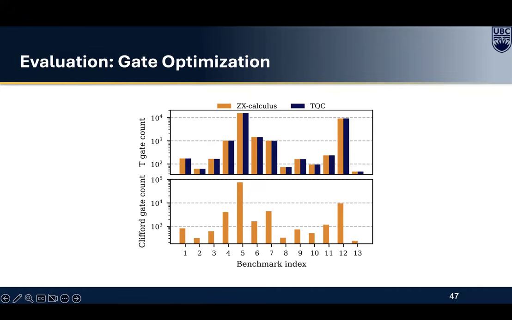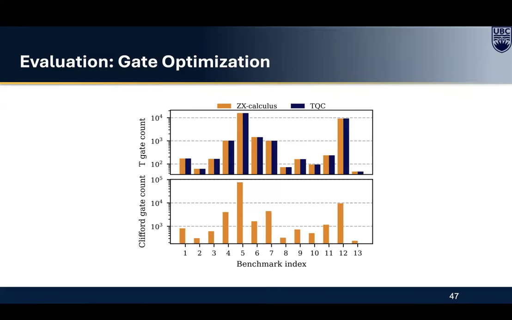Across the entire 13 benchmarks, we're getting identical T counts as the ZX calculus does. So we're achieving the same level of T optimization, and we're doing this without introducing any additional Clifford overheads, because by doing the merge, we're only canceling gates. We're not introducing additional gates. So this is the gate count.